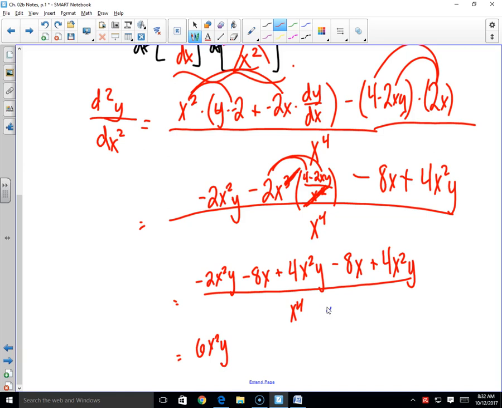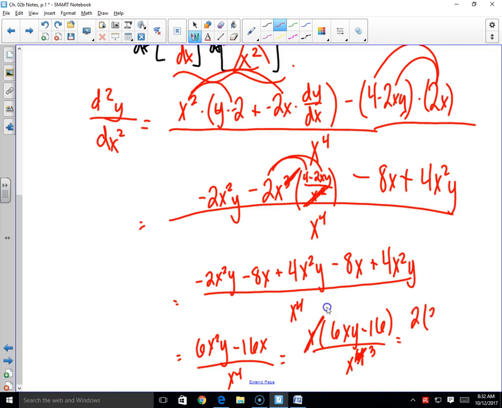And negative 8x and negative 8x is negative 16x, all over x. Oh, sorry, I already simplified. If we really wanted to, I suppose we could pull out a 2. That's kind of lame, though. I think you guys can make it match if the 2 is not pulled out.